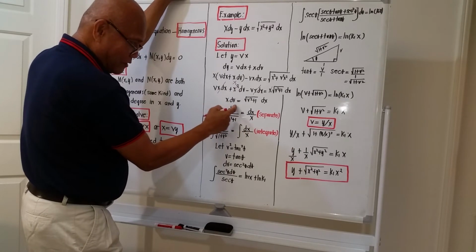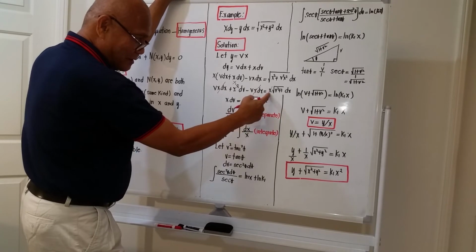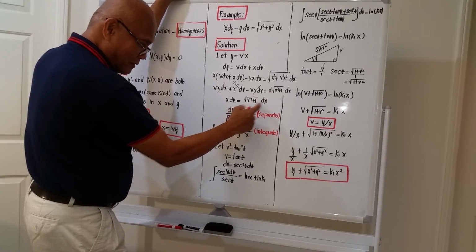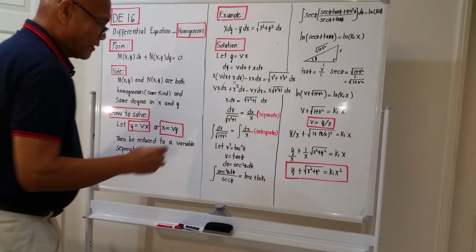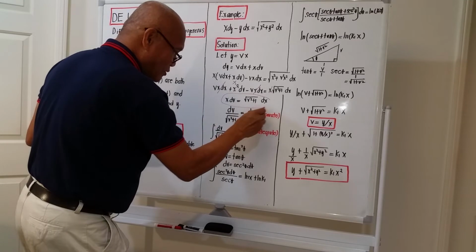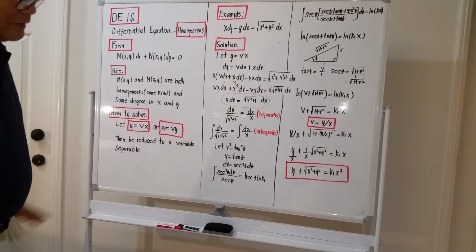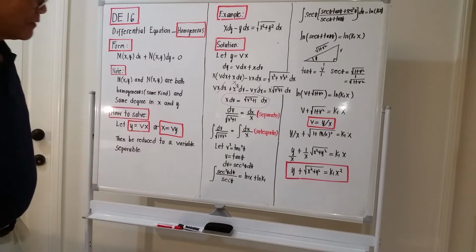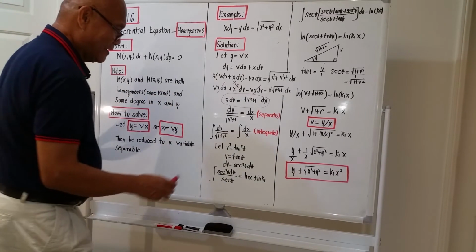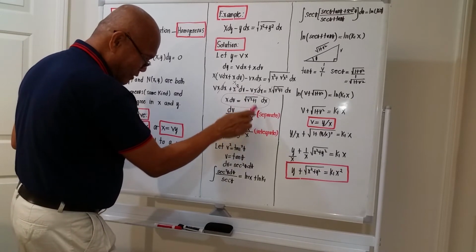So it will be x dv equal to, on the right hand side, x is gone, so this should be the square root of v squared plus 1 times dx. Okay? We are now given a differential equation. From the look of it, it seems it's a variable separable. So by algebraic manipulation, dv over the square root of v squared plus 1 equal to dx over x.